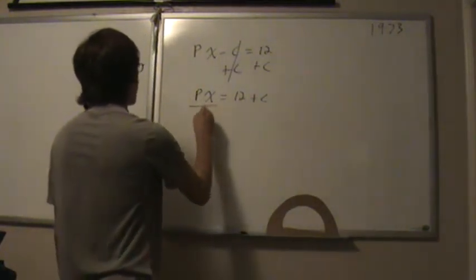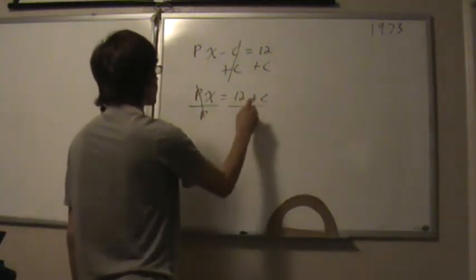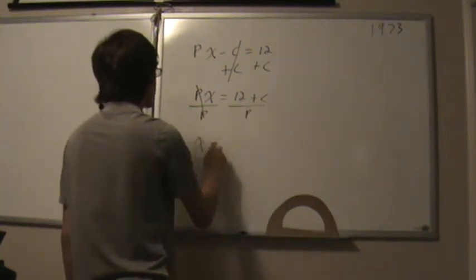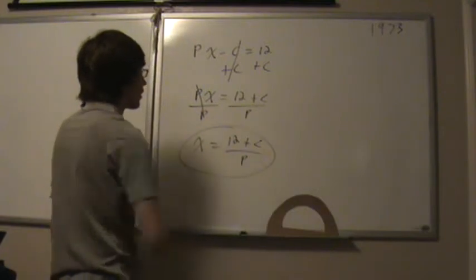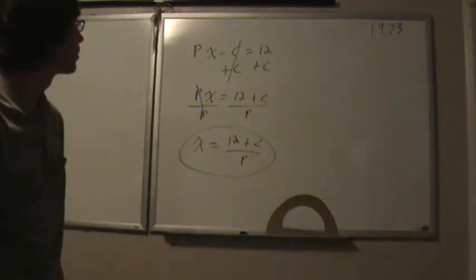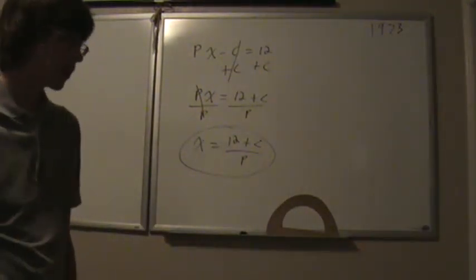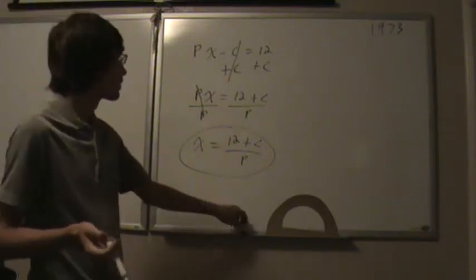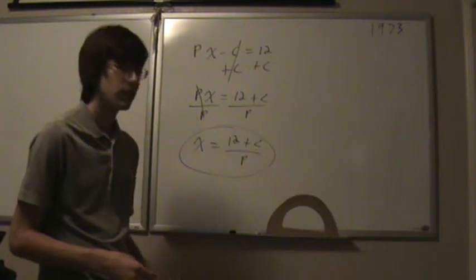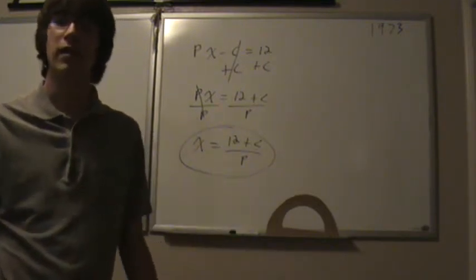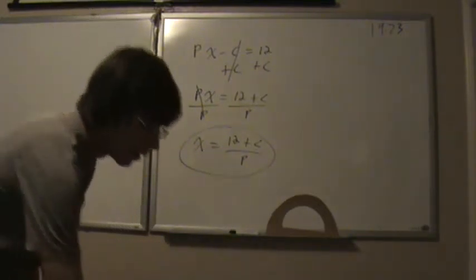Then divide by p, and those would cancel. Now we're left with x equals 12 plus c over p. Alright, so that's what x equals. Notice it didn't simplify to one number because we just have letters. But if we knew what those letters meant, then we could plug that in.